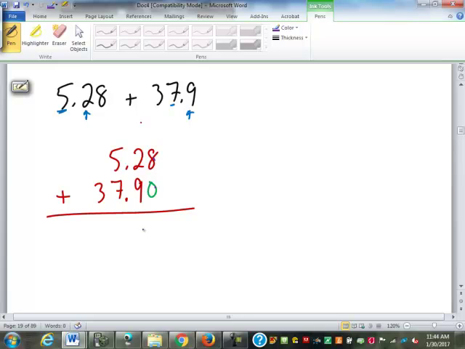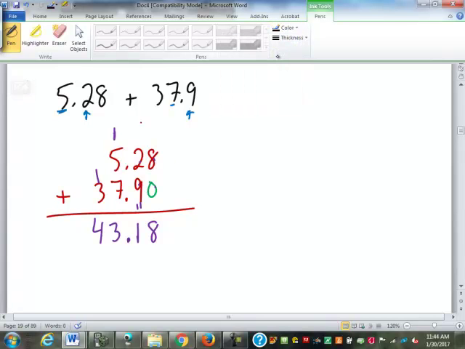So 8 hundredths and 0 hundredths is 8 hundredths. 2 tenths and 9 tenths is 11, so it's 1, carry the 1. What do I have to remember to do before I can add these? Perfect, bring down the decimal. So 1, 5, and 7 is 13, so 3 carry the 1 and 4.